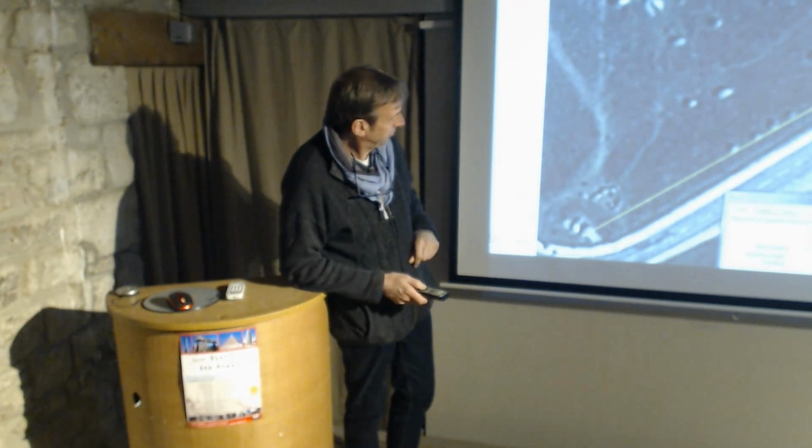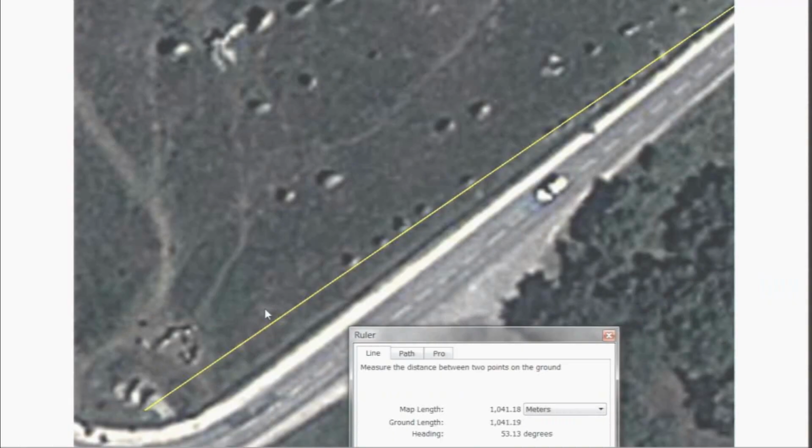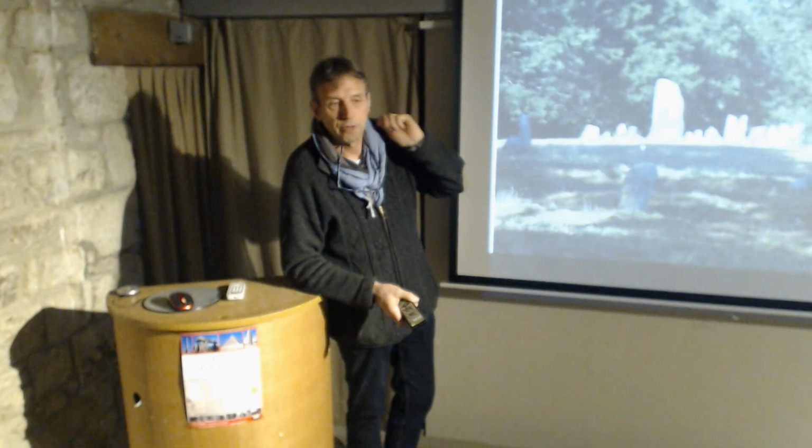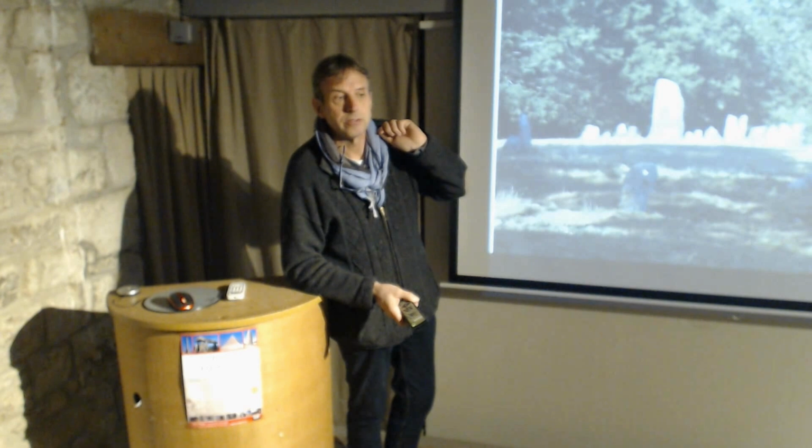Now, if we draw a line from that dolmen along the most southern row of stones, this line will lead us about 1 kilometer away to this very big stone here. It's called the Manio 2 stone. It's on a low earth mound, which was constructed, and it's about 3 meters 50 tall, and that is visible from the beginning of the Kermario alignments, 1 kilometer away.